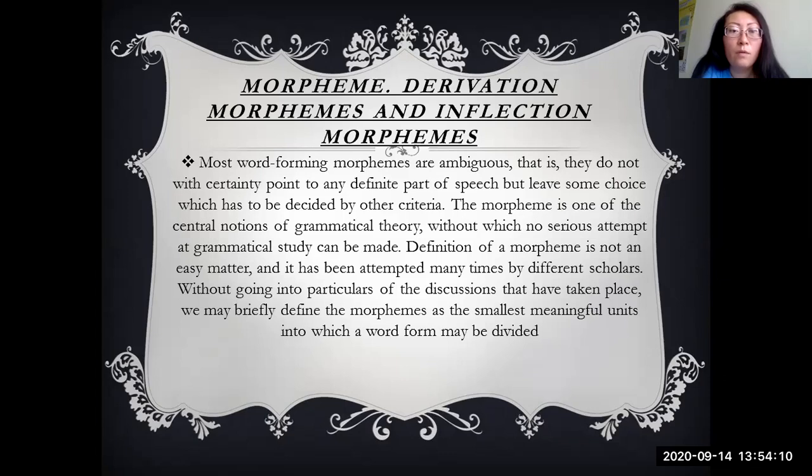The morpheme is one of the central notions of grammatical theory without which no serious attempts at grammatical study can be made. Definition of a morpheme is not an easy matter, and it has been attempted many times by different scholars. Without going into particulars of the discussions that have taken place, we may briefly define the morpheme as the smallest meaningful unit into which a word form may be divided.